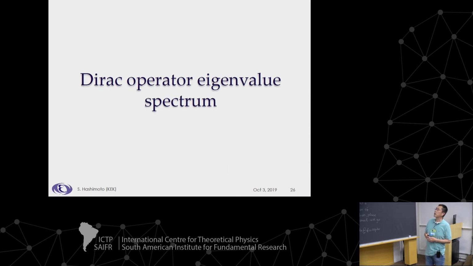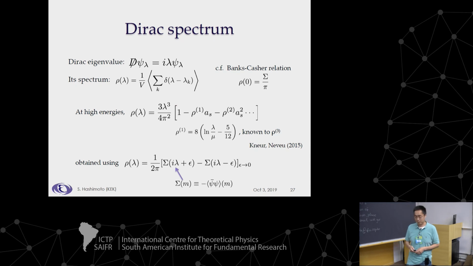So for example, we can think about a completely different quantity, the Dirac operator eigenvalue spectrum. What is it? We have the Dirac operator, D slash, and for a given gauge field background, you can consider the eigenvalue equation D slash psi = i lambda psi, and there are eigenvalues lambda.